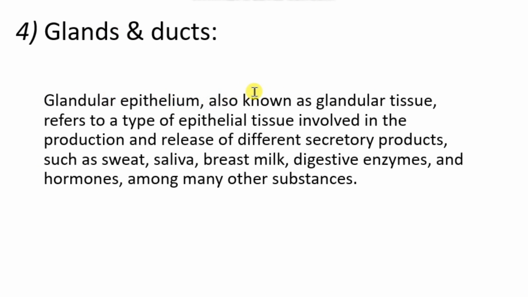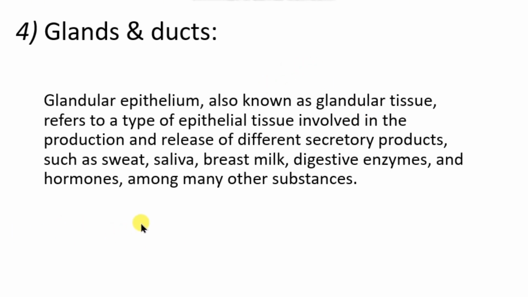It refers to a type of epithelial tissue involved in the production and release of different secretory products such as sweat, saliva, breast milk, digestive enzymes, and hormones, among many other substances. Okay. So it can be a single cell or a group of cells specialized in producing and releasing a specific substance. These are the variety of glands releasing substances that perform important roles in the body.